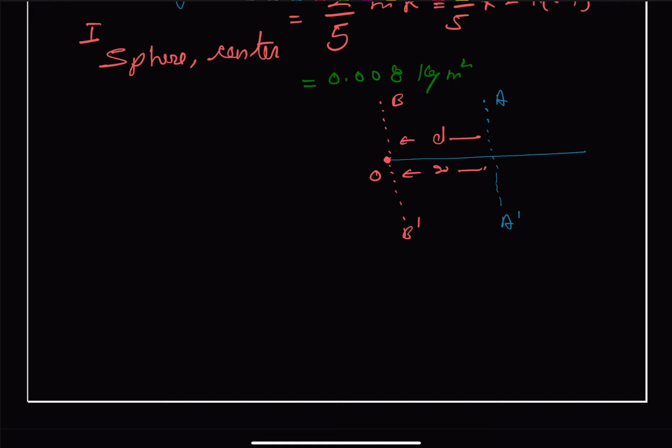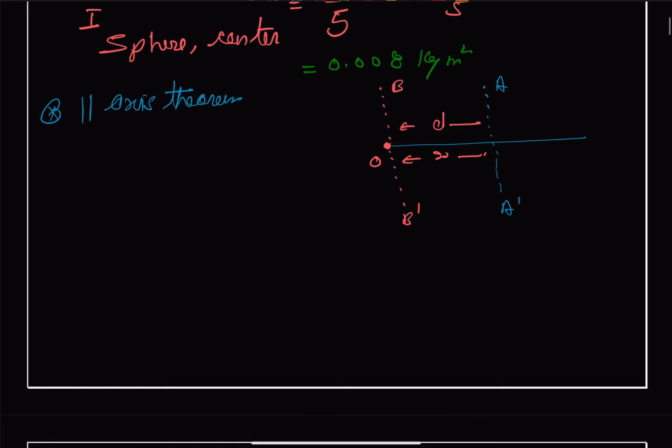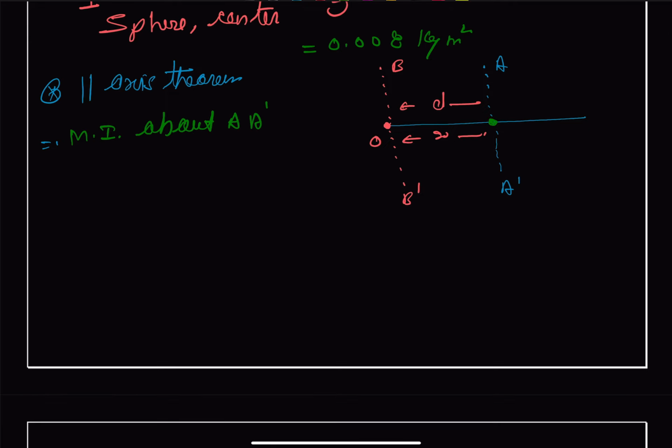Therefore, the parallel axis theorem states that the moment of inertia about A prime, which passes through the center, let that be I, will be equal to the moment of inertia of the sphere with respect to its own center plus m d square.